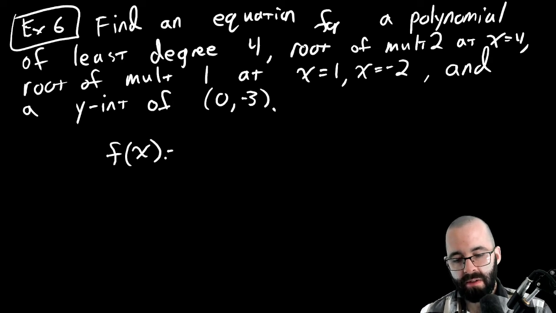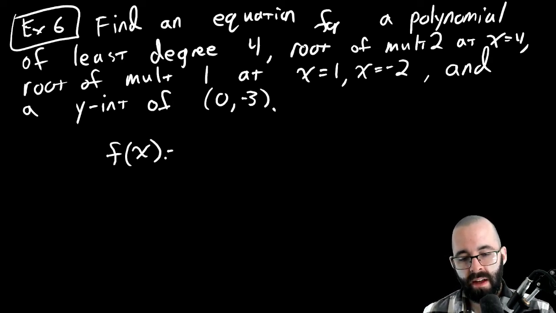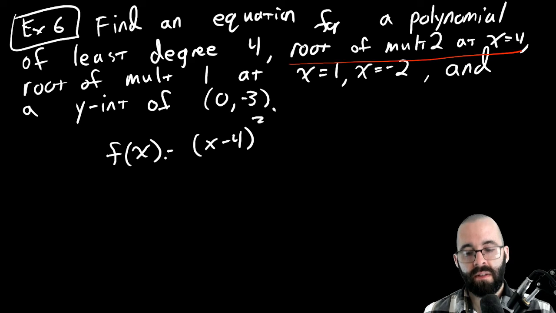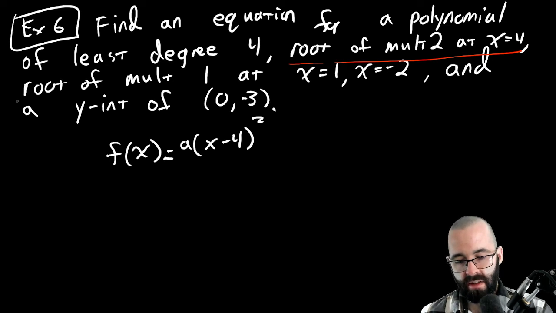So our polynomial has a root. Let's underline things as we're using them. Start with the zeros and the multiplicities. X equals 4 is a multiplicity 2. And again, we don't know the scaling factor yet. What else do we have?